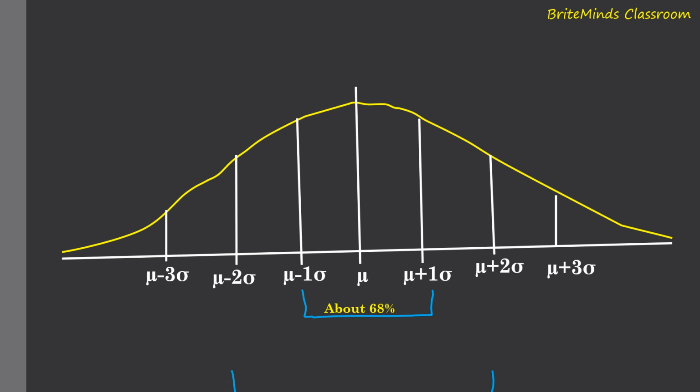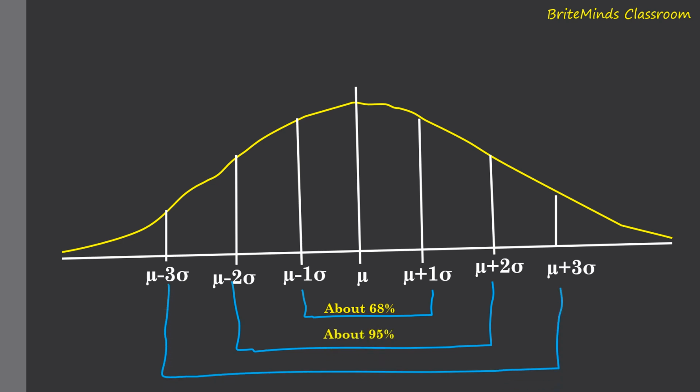Within two standard deviations, it is about 0.95 or 95%. And within three standard deviations, it is about 0.997 or 99.7%.